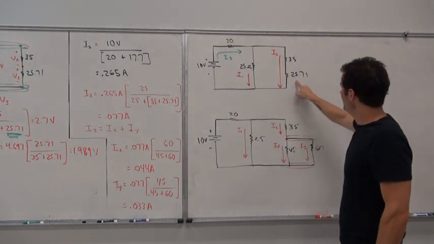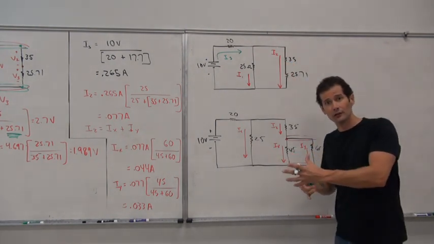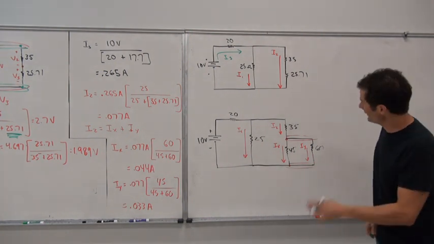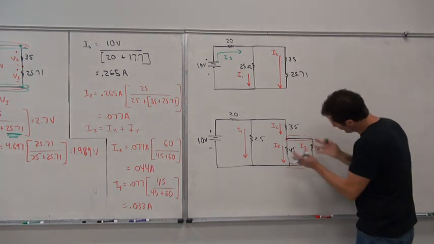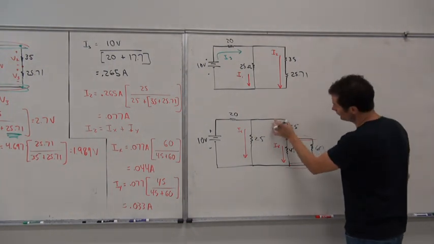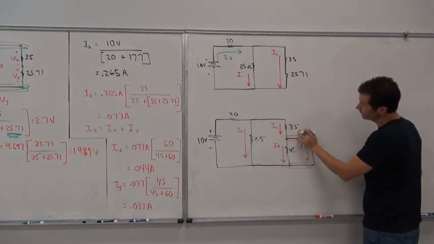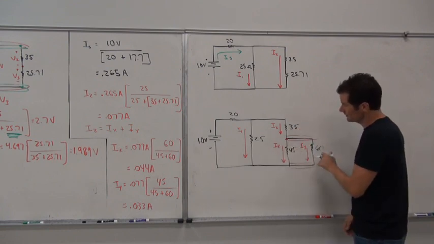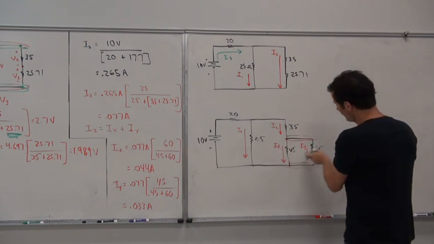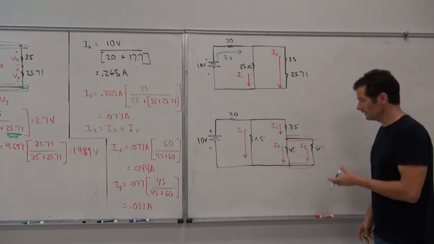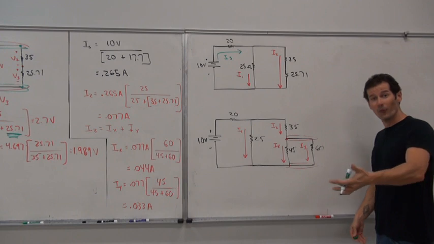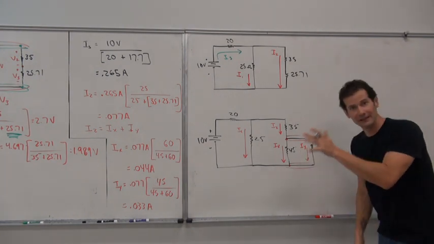But look at this, we know 25.71 was made up of 2 elements in parallel. So if we look at the original circuit here, I2 flows through that 35 ohm resistor and then gets down to 45 and 60, which are in parallel. We're going to split again into IX and IY, which is what we were looking for at the beginning of the problem.